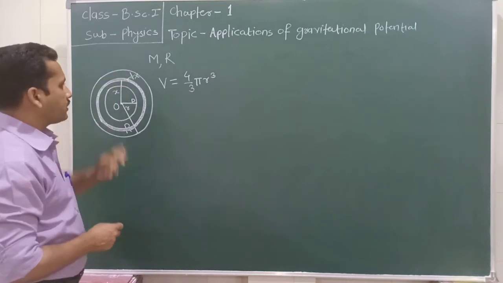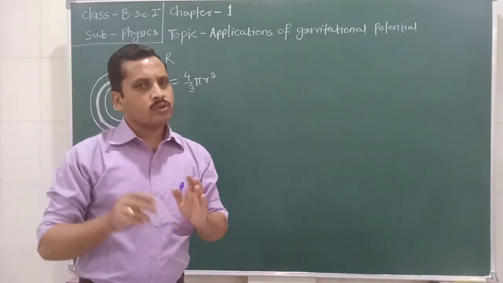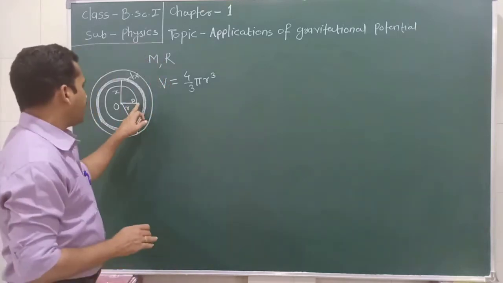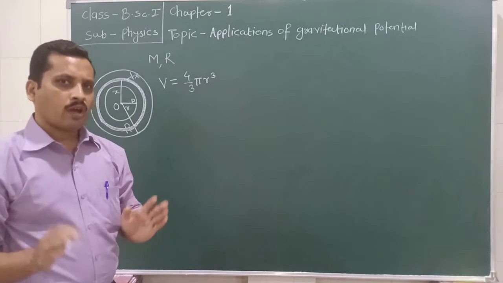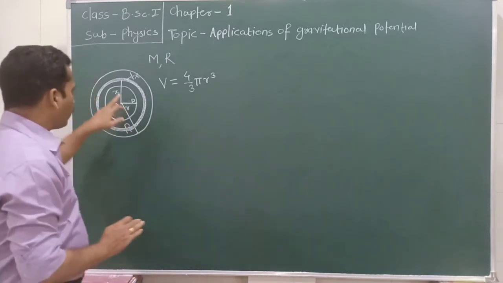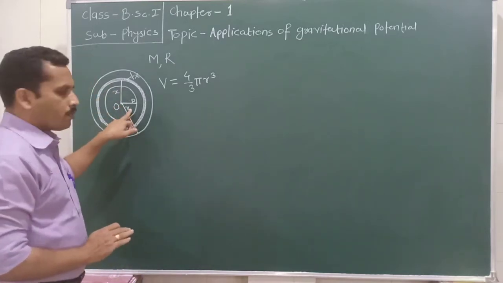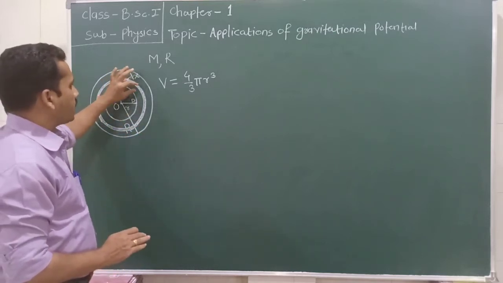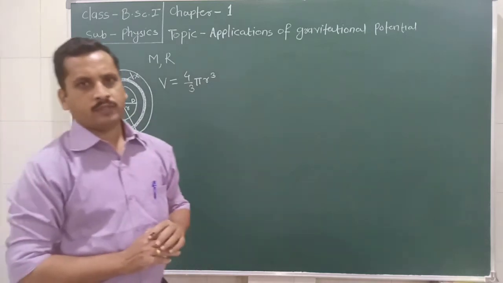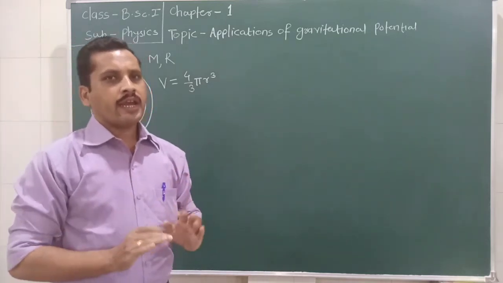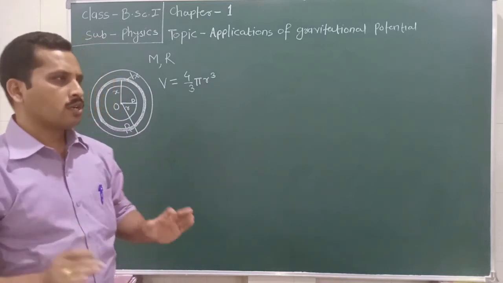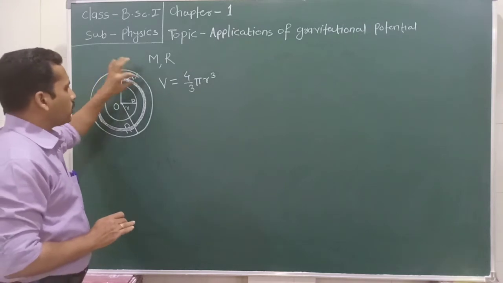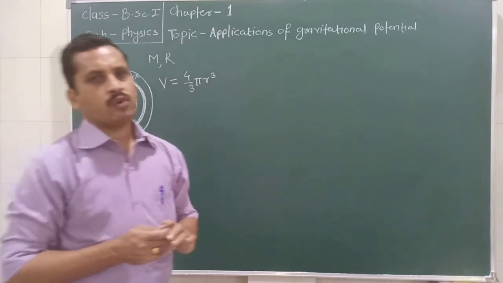Therefore, the potential at point P is nothing but the sum of the potential due to this solid sphere of radius r and due to the remaining shells of this solid sphere. So the gravitational potential is the sum of the potential due to the inner solid sphere and due to the total shells in the solid sphere.